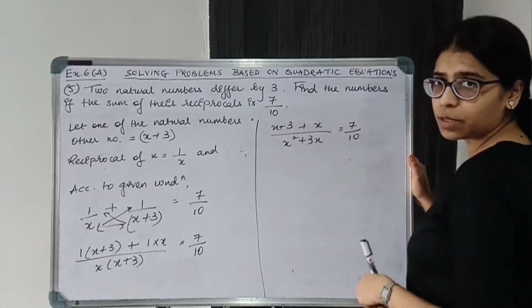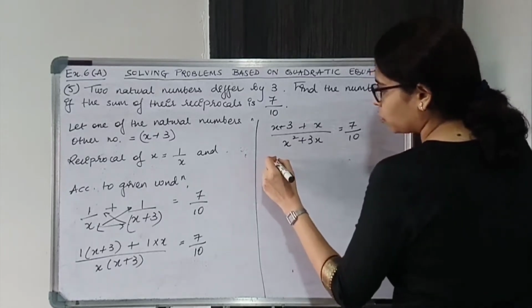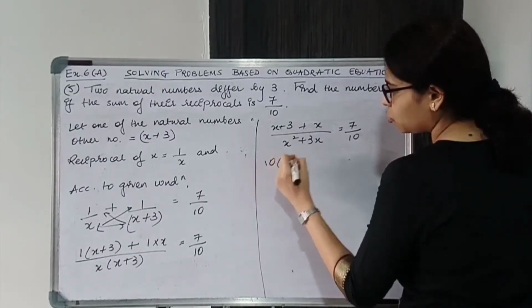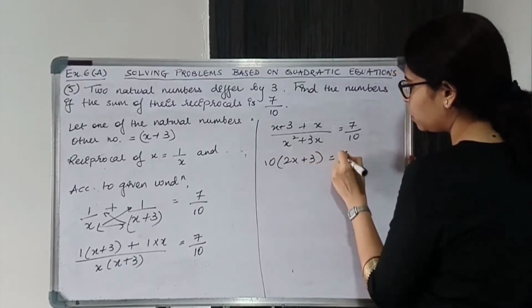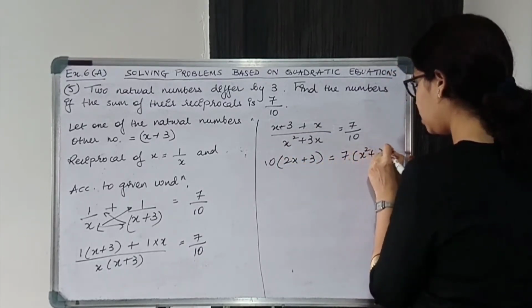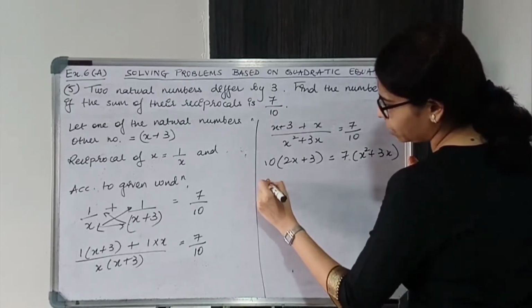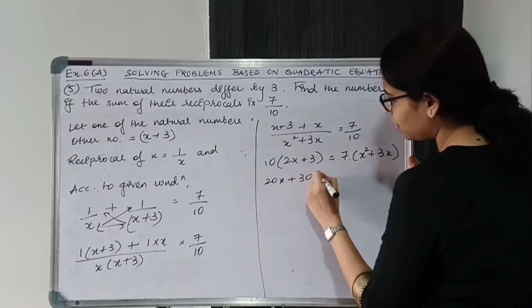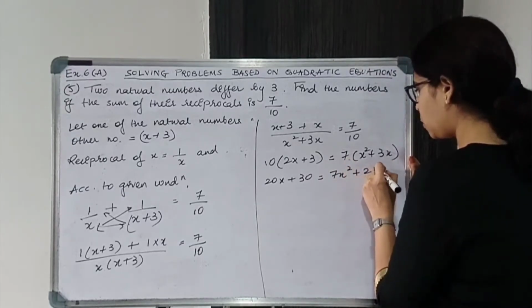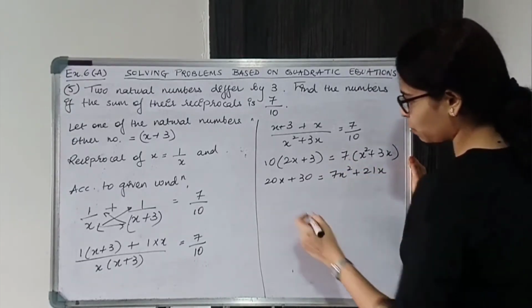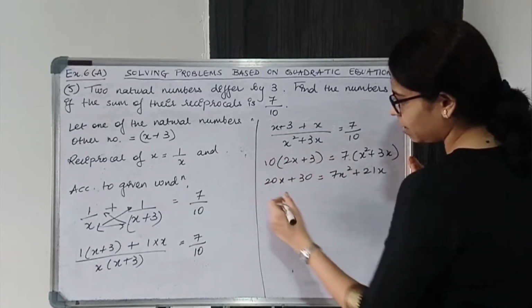Let's cross multiply now. Okay, so 10 into your x plus x, 2x plus 3 is equal to 7 into x square plus 3x. So we'll get 20x plus 30 is equal to 7x square plus 7 3s are 21x. So let's shift everything in the LHS.